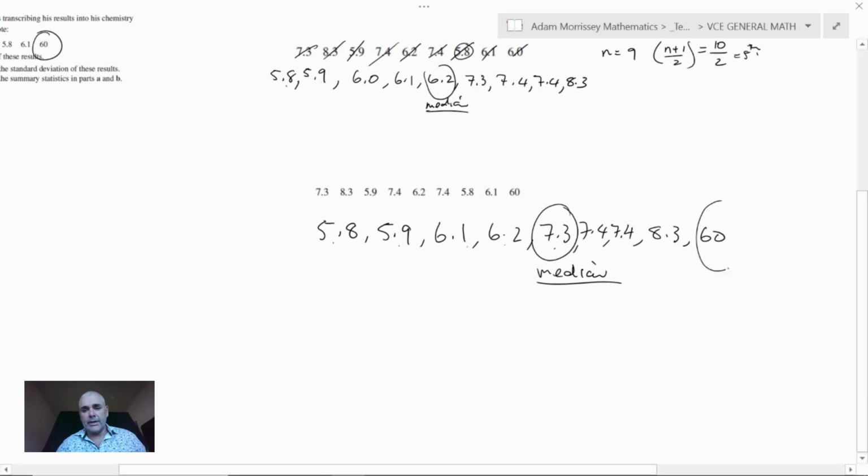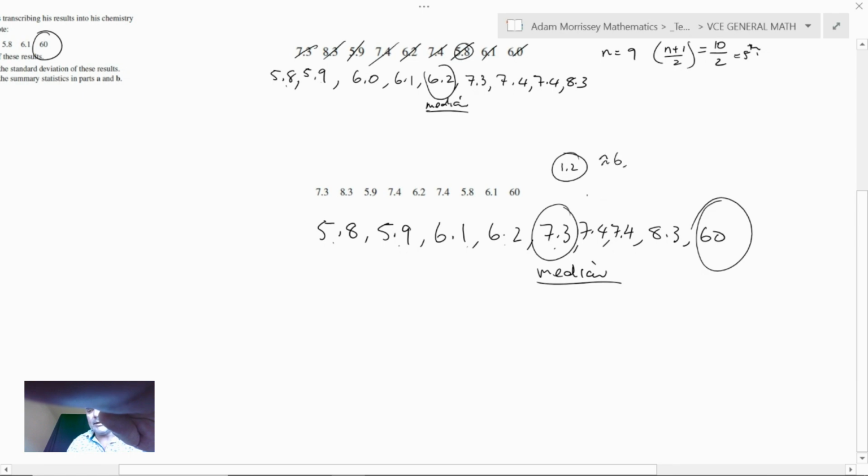Having this value out here, which is obviously an outlier, and an error that we would either change or have to discard as a data point. So the difference between the two medians is 1.2, and it was originally, let's round it off to 6.